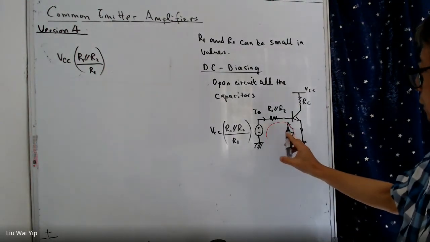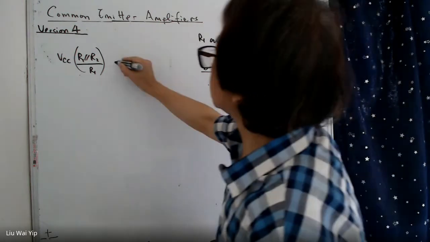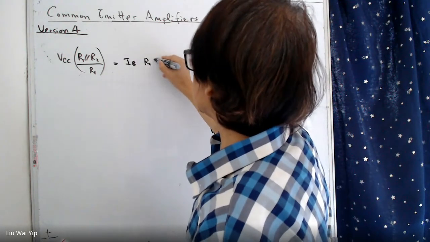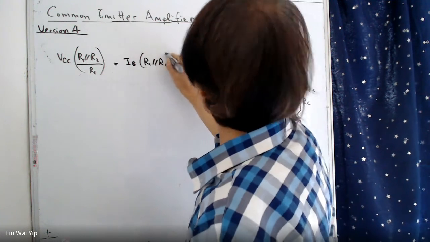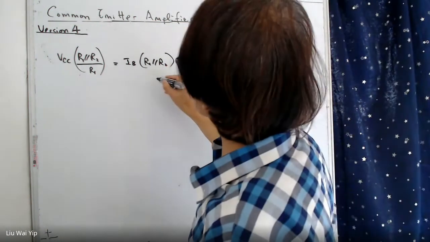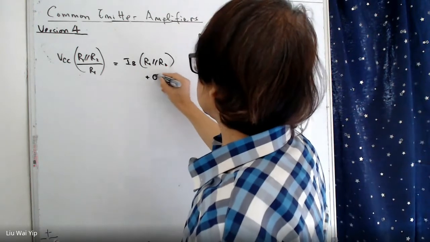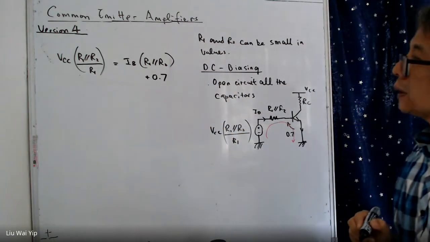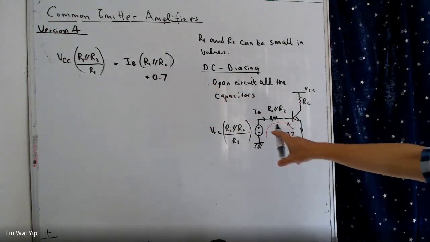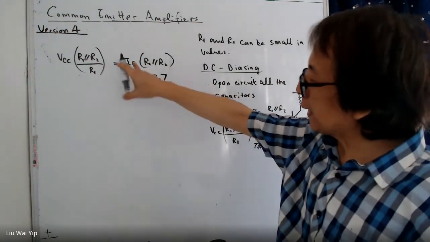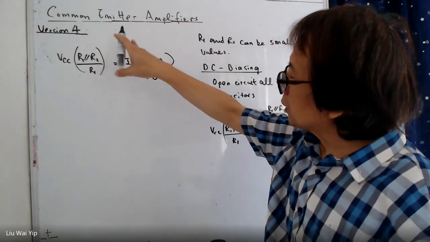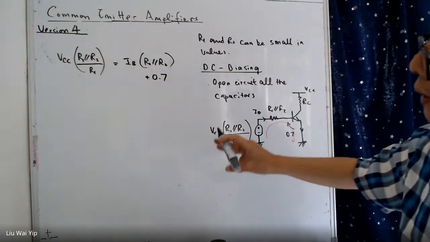is equal to IB, and then plus 0.7. Based on the information given here, we end up with this equation, and we can use this equation to calculate IB.